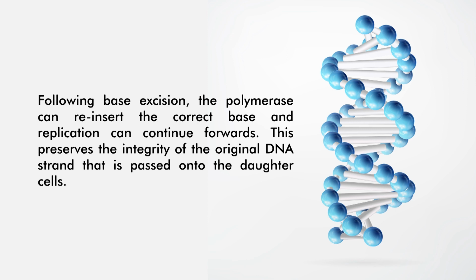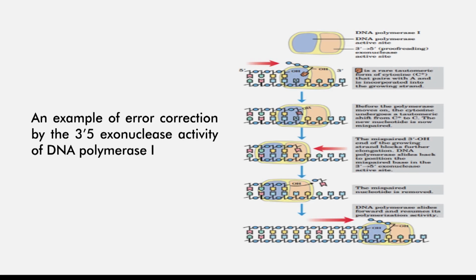This preserves the integrity of the original DNA strand that is passed on to the daughter cells or strand. This diagram is showing the 3' to 5' exonuclease activity of DNA polymerase I. Together, these processes reduce the overall observed error rate to about 10 to the power minus 9.